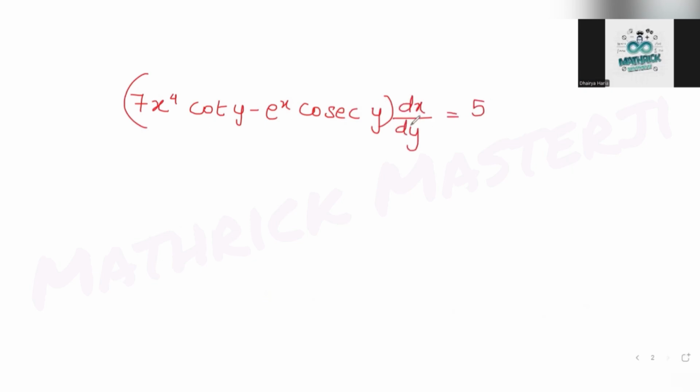If I first take dx/dy to the other side, it becomes x^5 dy/dx, which is equal to the whole thing, 7x^4 cot y − e^x cosec y. Now let's try to write it in the form dy/dx plus Py equals Q.